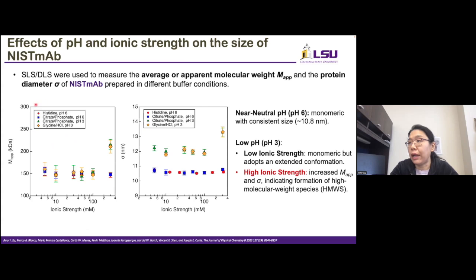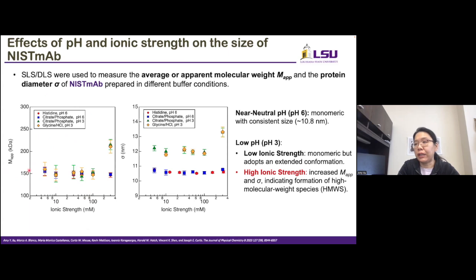At pH 6, no matter what kind of buffering system you use, the apparent molecular weight of the NISTmAb remains constant around 150 kilodaltons, suggesting that antibodies are monomeric across the examined ionic strength conditions at pH 6.